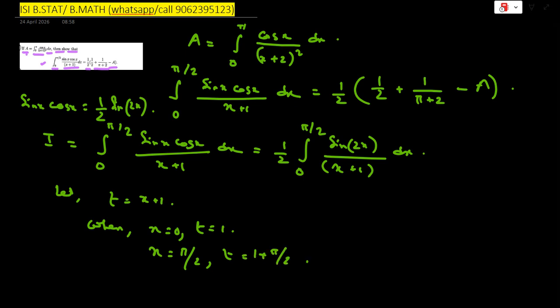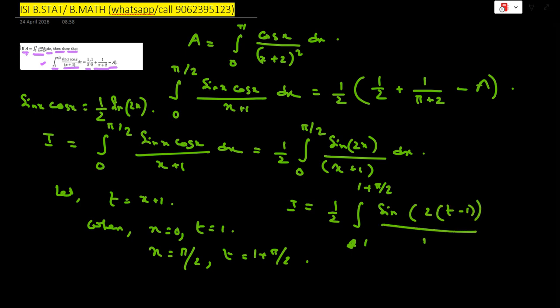So I becomes 1 by 2 into the integral from 1 to 1 plus pi by 2 of sin 2(t minus 1) by t dt. Now sin 2(t minus 1) is basically sin (2t minus 2).